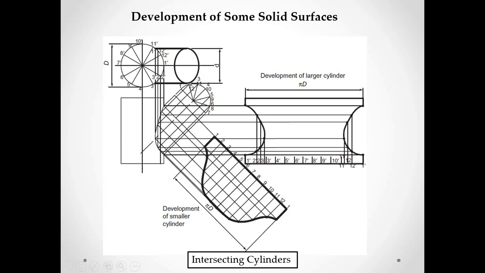As he explained also in class, the length of this line is going to be pi d, or 2 pi r, which is the circumference of the circle. The circle is the plan view, the top of the cylinder. So the radius of the cylinder determines the length.